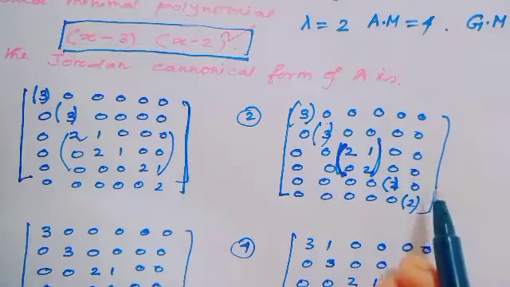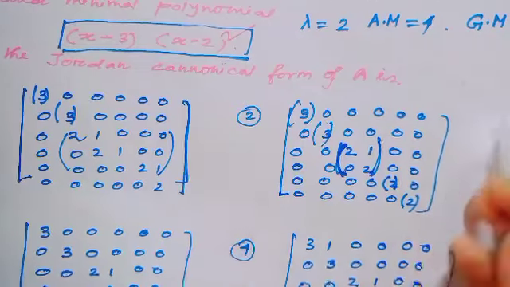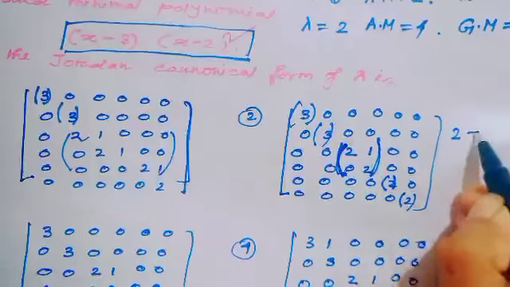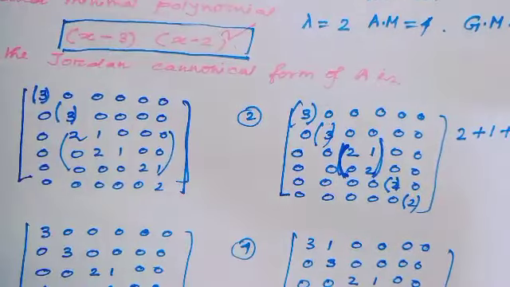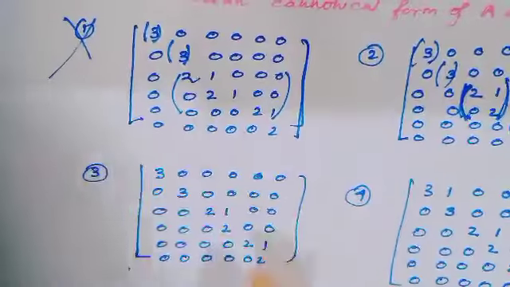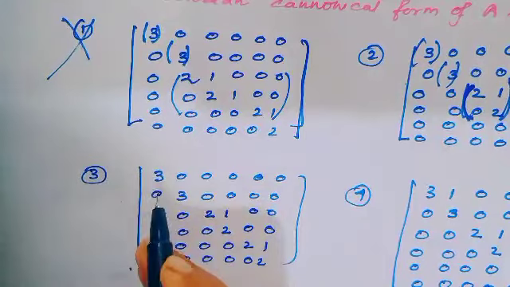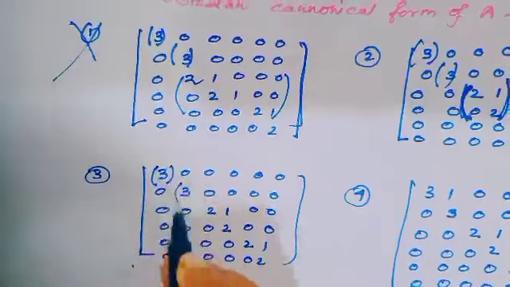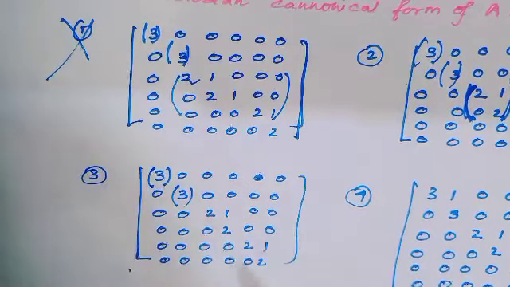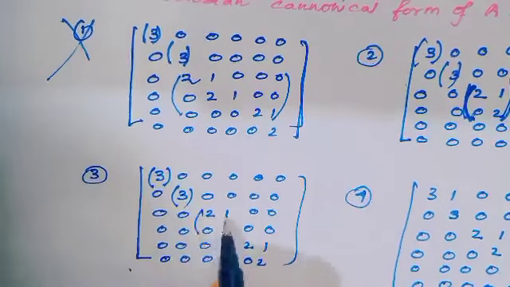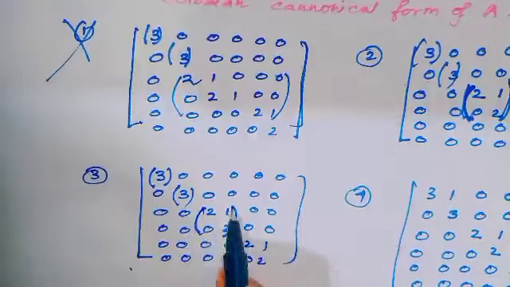So this is possible, because here the partition for lambda equal to 2 is 2 plus 1 plus 1. Okay. And let's see option 3. Here the highest possible Jordan block for lambda equal to 3 is 1. Here also 1. Here the highest possible Jordan block for lambda equal to 2 is 2. And here notice this is a Jordan block of order 2.